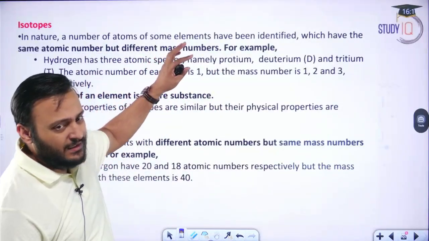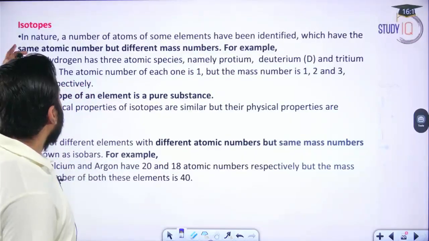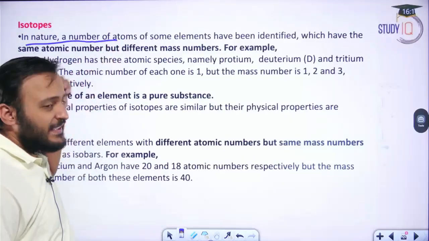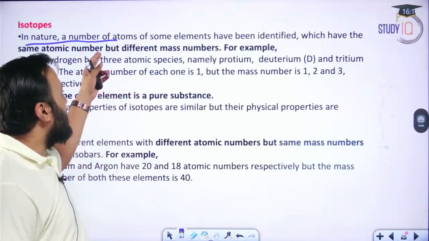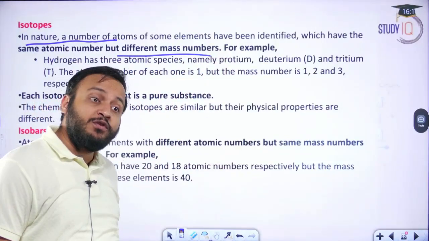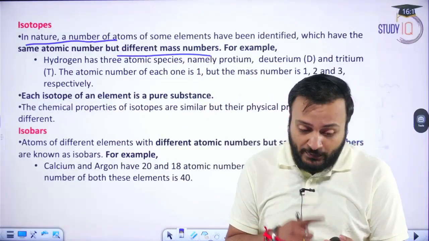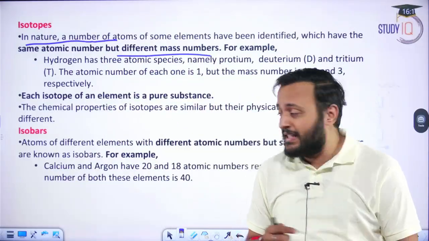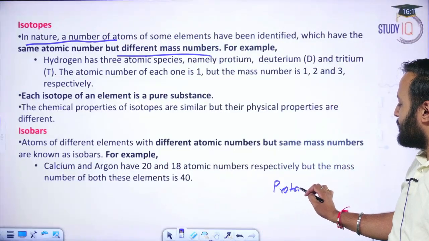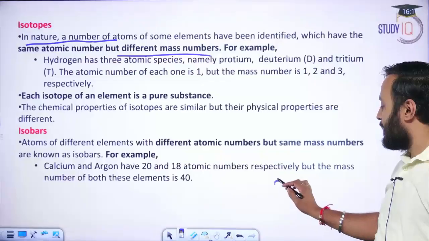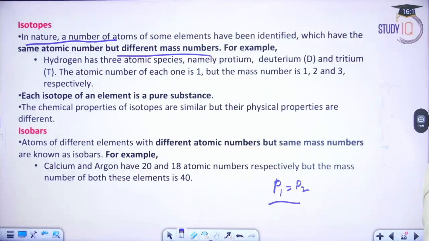But my dear, there are certain variances as well, certain variations. For example, suppose if the atomic number is same, but the mass numbers are different. So my dear, isn't it very simple to understand that if the atomic number is same, which means that protons are the same?